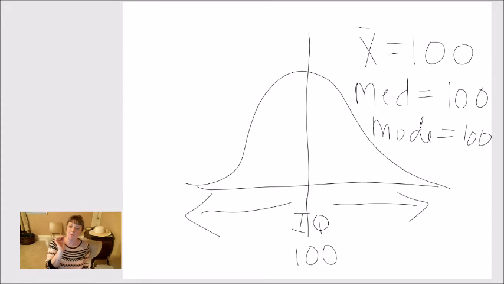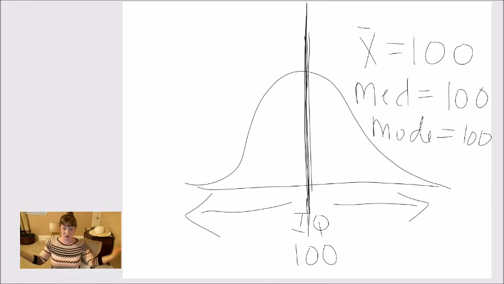On any bell-shaped curve, the mean, median, and mode are all going to be in the center, and the exact same number. And that is one of the beauties of a normal distribution, that the mean, median, and mode are all at the same place. And so our three different ways of asking the question, who is typical, are all in perfect agreement. Who is typical for IQ?